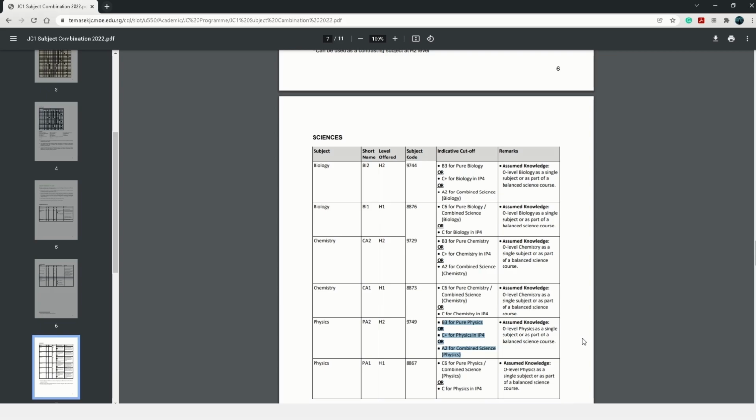As a side note, all these cutoffs are still subject to appeal and should only be seen as a general guide. Now, it is time to talk about the actual content for A-level physics and how it compares to O-level physics.